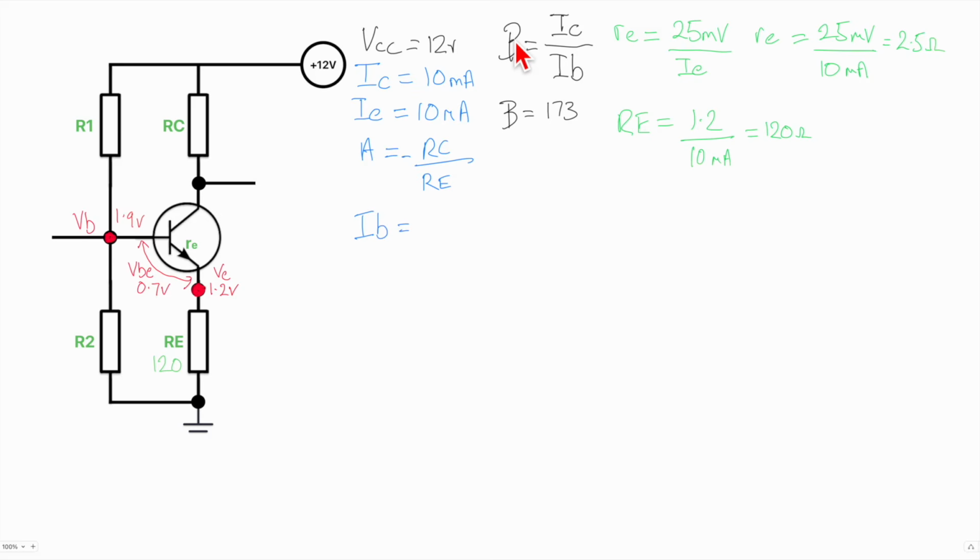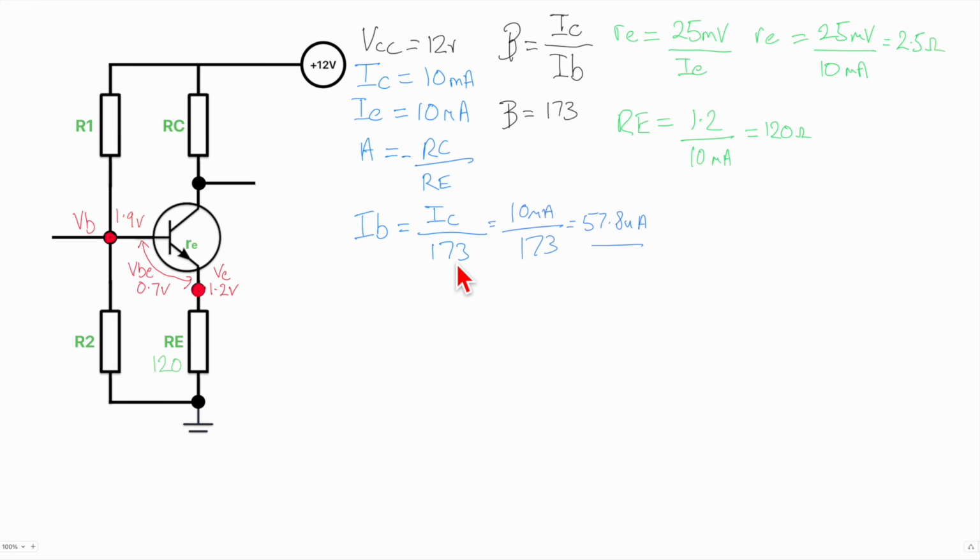So the base current would be the collector current divided by beta, which is 173. That would be 10 milliamps over 173, which gives us a base current of about 57.8 microamps. Wow. Okay, 57.8 microamps. So that's roughly what we're thinking the base current will be for that beta.